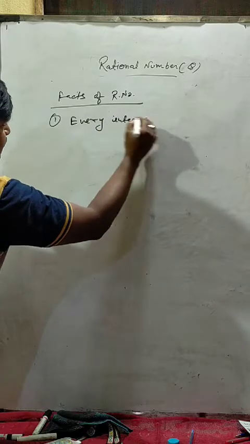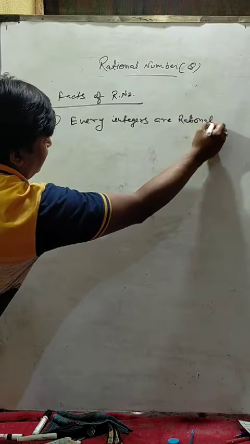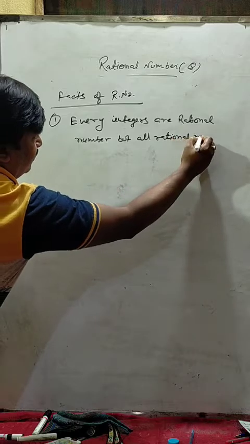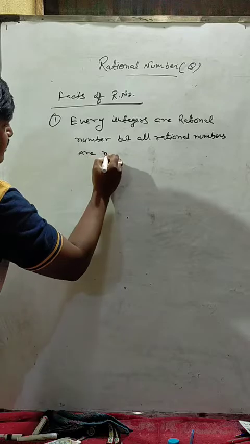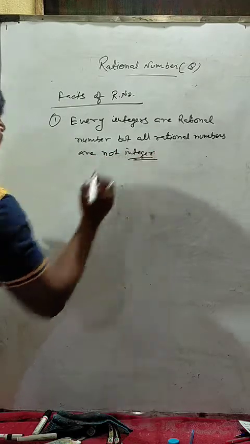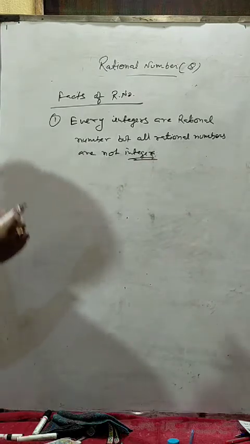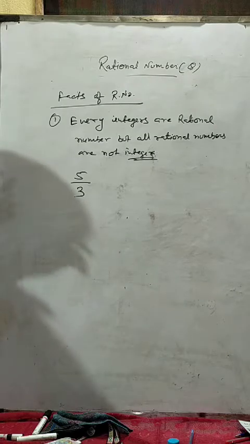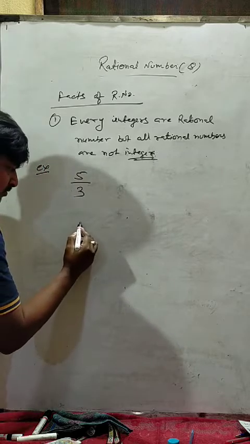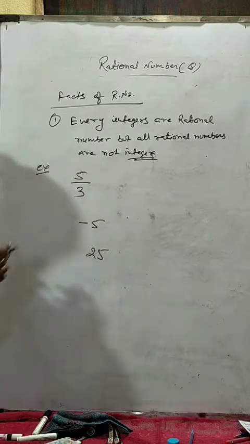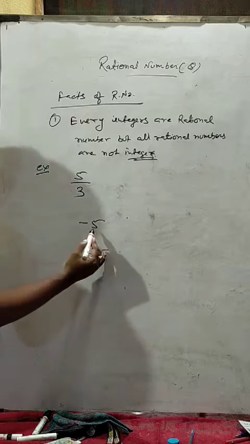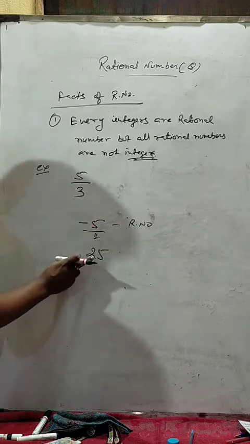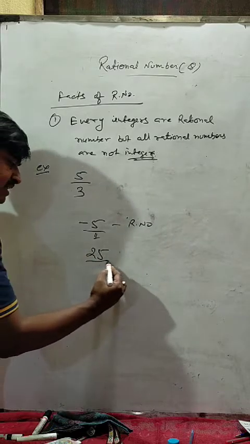See why. Suppose 5 by 3, minus 5, and 25. Minus 5 is an integer and it is a rational number also because we can write it as minus 5 by 1. 25 is an integer and it is a rational number also because 25 can be expressed as 25 by 1.